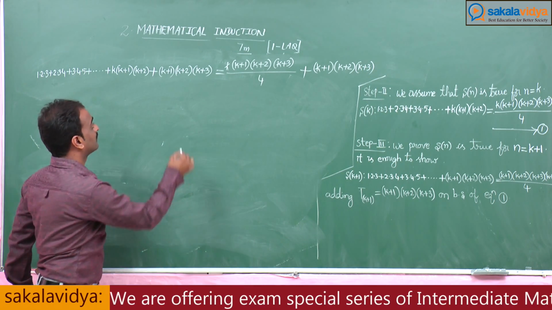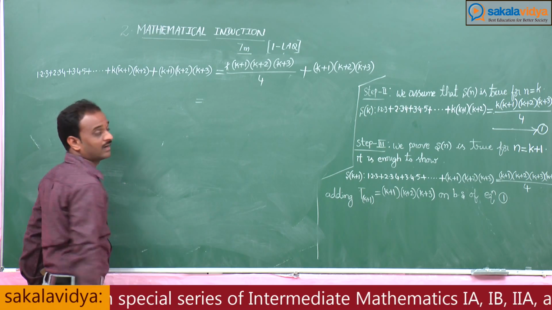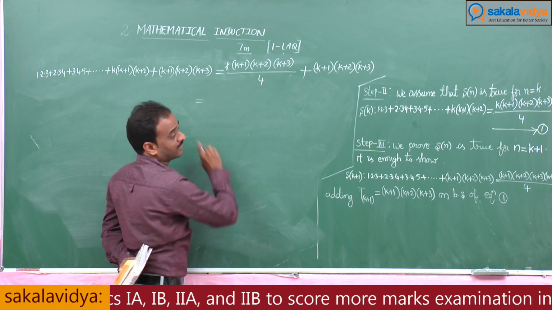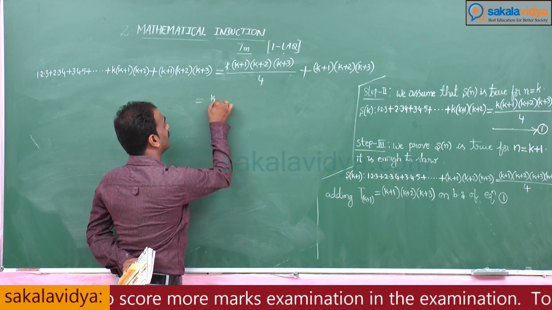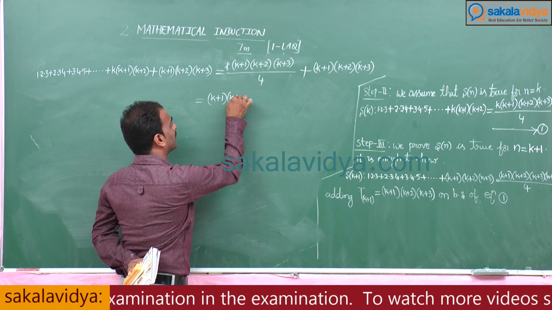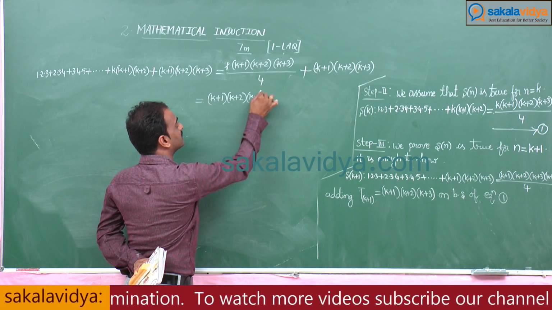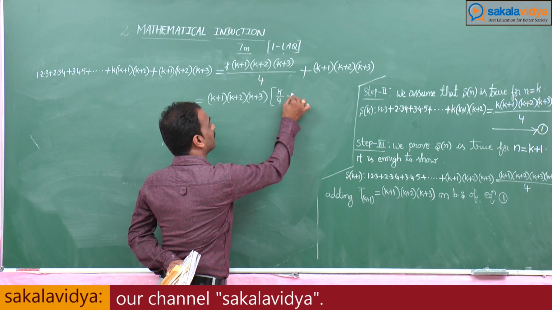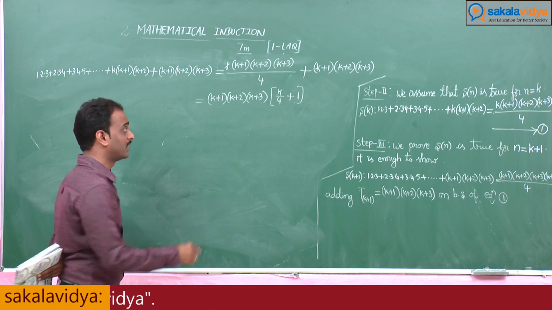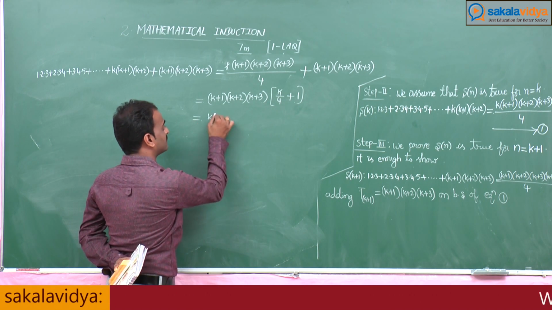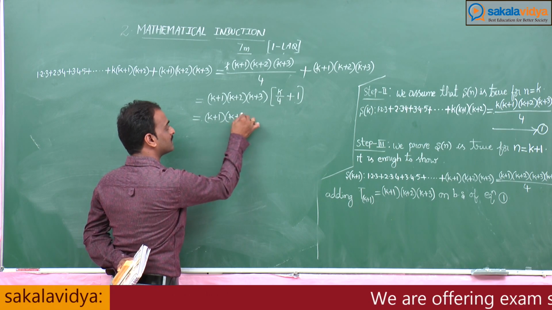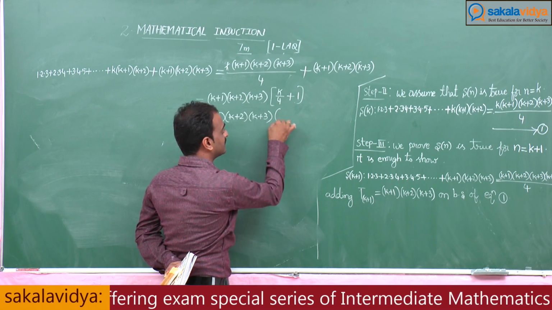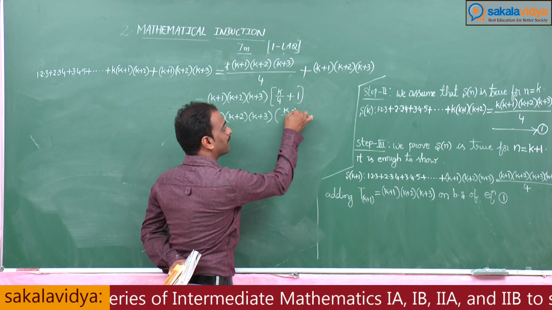Now the simplification part on the RHS. Here the common factor is k plus 1 into k plus 2 into k plus 3, then we get k by 4 plus 1. So k plus 1 into k plus 2 into k plus 3 into, taking LCM 4, k plus 4.